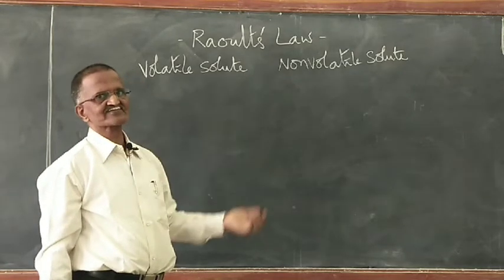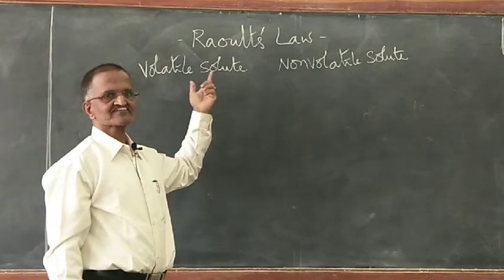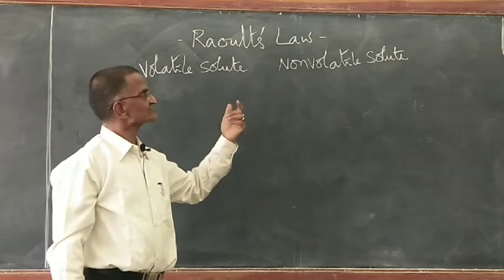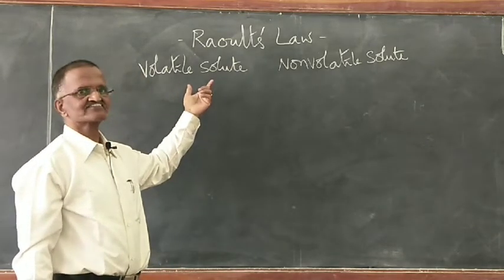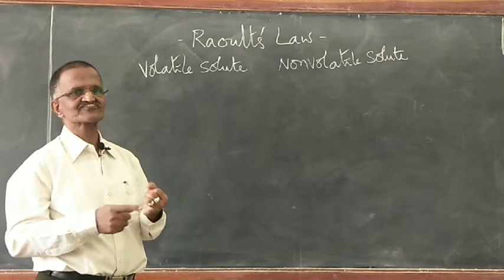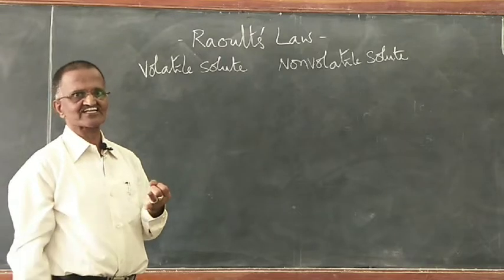Now today we will concentrate on a binary solution in liquid state wherein the solute present in that is volatile. That means I have a volatile solute present in a solvent. Both are volatile.